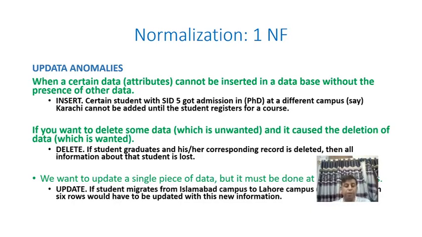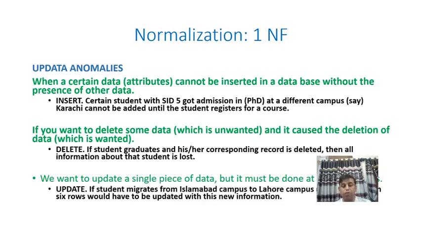Then we have the update anomaly, and the definition of update anomaly is that we want to update a single piece of data, but it must be done at all of its copies. If there is a redundancy of data and we want to update or change some data, we must make the change at all the instances wherever that particular data is specified or repeated.